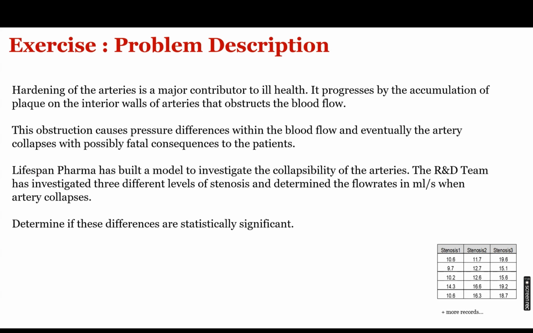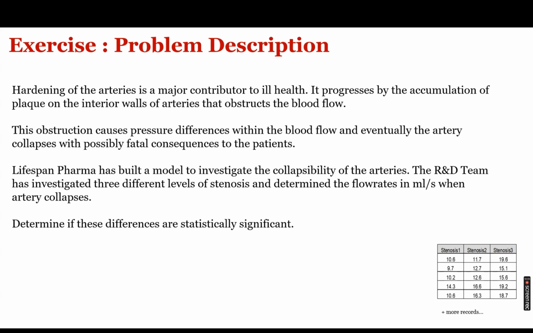Lifespan Pharma has built a model to investigate the collapsibility of the arteries. The research and development team has investigated three different levels of stenosis and determined the flow rates in milliliters per second when the artery collapses. Stenosis are experiments to check the flow rates of the blood.